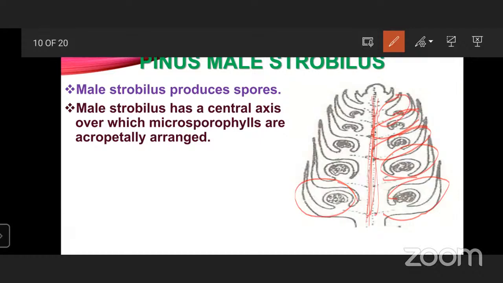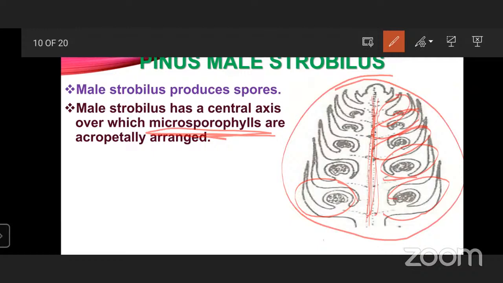Acropetalous manner means larger microsporophylls are present at the base, and smaller microsporophylls are present at the tip of the male cone. Okay, and these microsporophylls are compactly arranged to form a male cone.